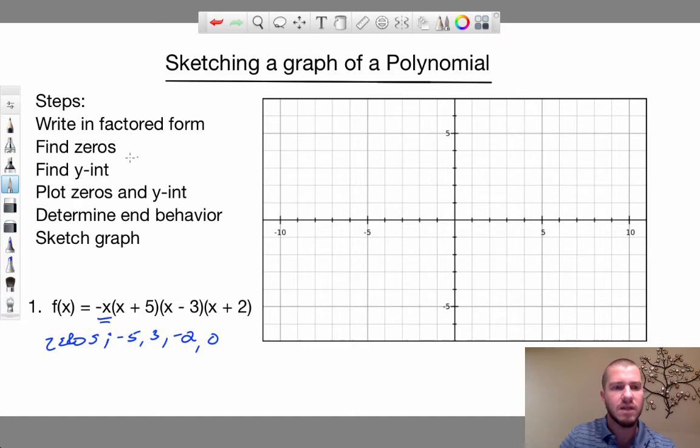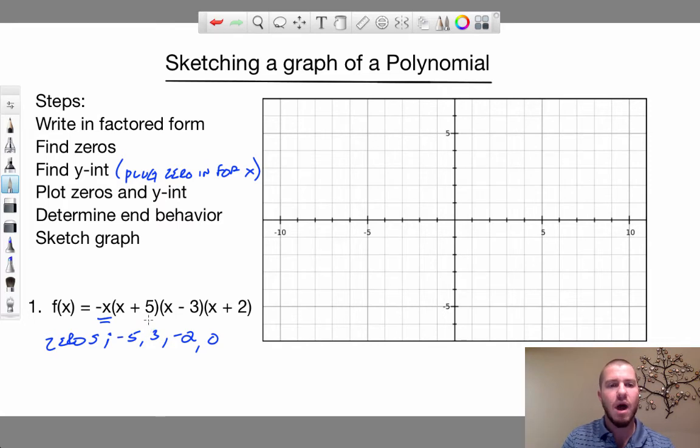Find the y-intercept. Well, to find the y-intercept, remember you always can plug in 0 for x. We're going to plot the zeros and then the y-intercept, determine the end behavior, so where the arrows are going on the ends, and then basically connect the dots after that with the arrows and all the turns. So I have my zeros.